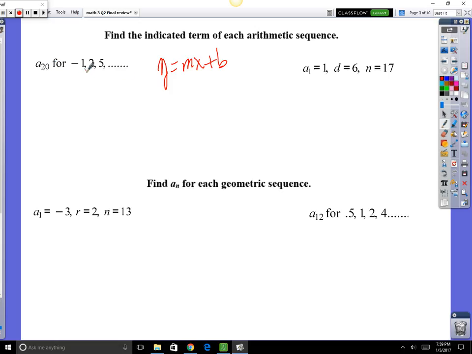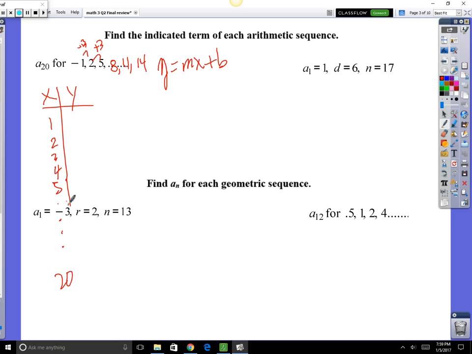The pattern looks like it is just plus 3 from here to here, plus 3. So the next one would be 8, the next one would be 11, then 14, and so on and so forth. They want you to find the 20th. So we organize it into a table: the first, the second, the third, the fourth, the fifth, and so on all the way.